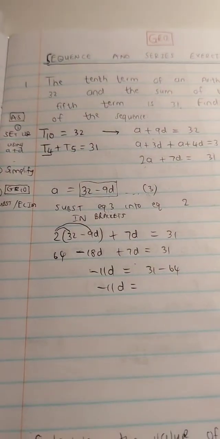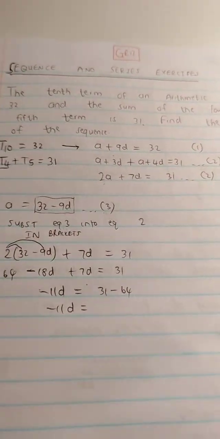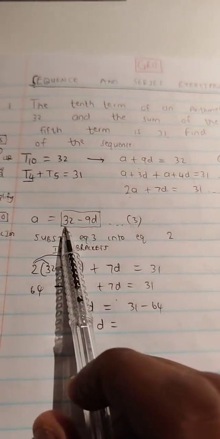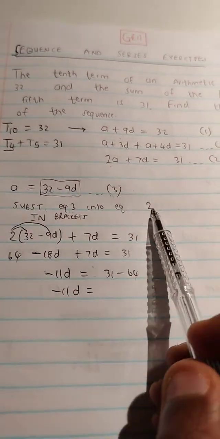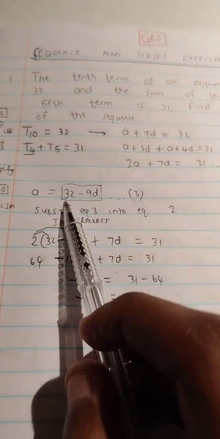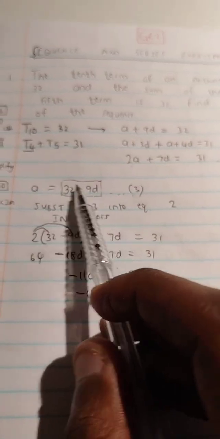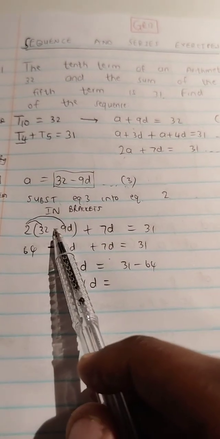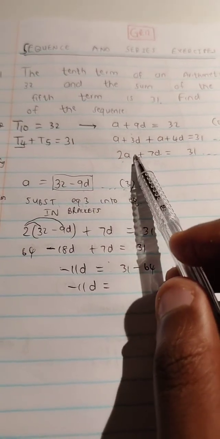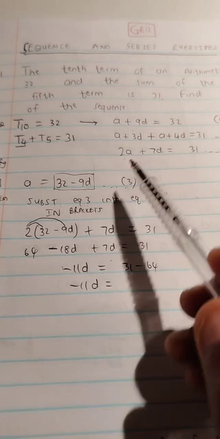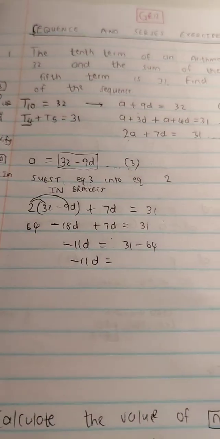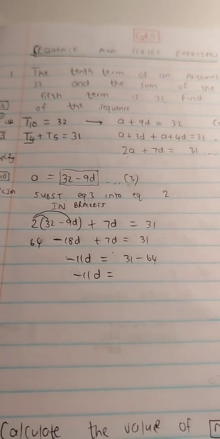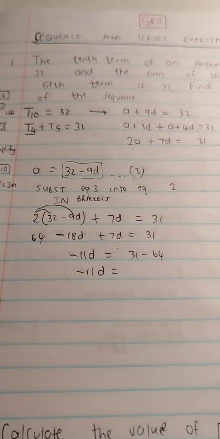We always substitute using brackets. That's why I wrote here: substitute equation 3 into equation 2. So it's 2 brackets, in the place of a, 32 minus 9d, plus 7d equals 31. Now do you understand where the 2 comes from, Mr. Virtue?